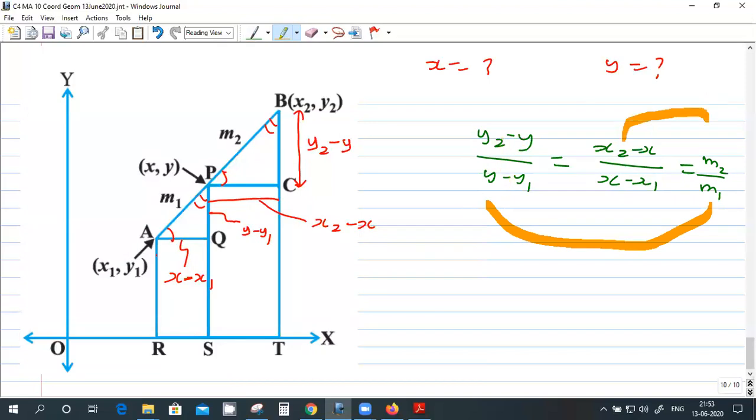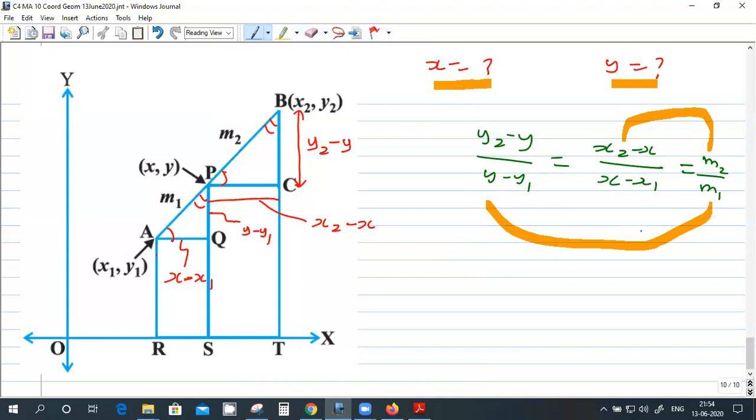And if I equate the other two, I'll get the expression for x. You have to find x and y. If you equate the first and the last one, you get y, because other things are known.